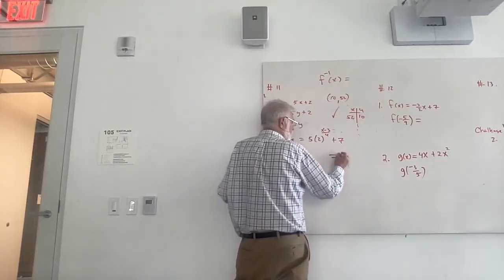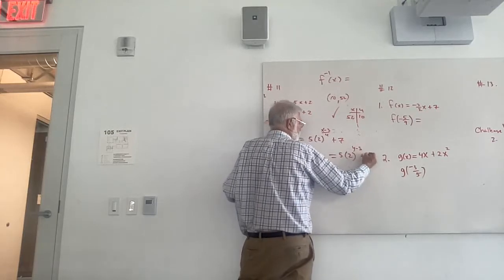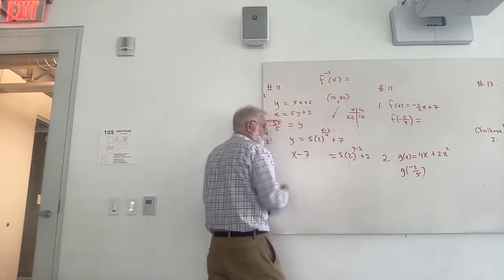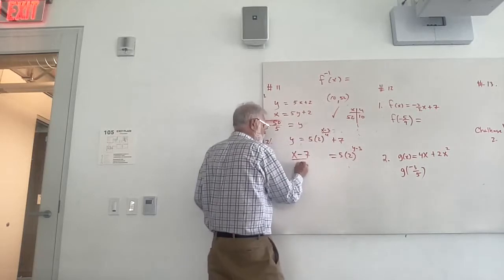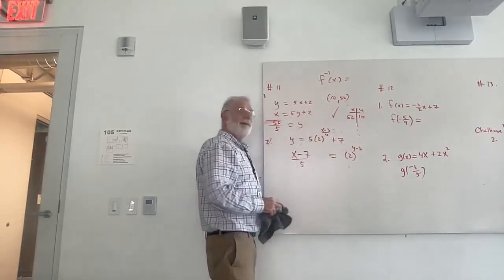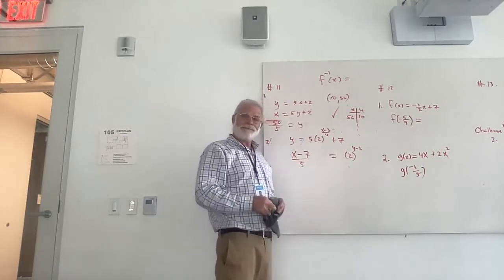So right now we're here: y minus 3 plus 7. First thing I'm going to do is move the 7. Gone. Going to divide by 5. Gone. And this is where you hit the wall. This is where you're probably hitting the wall. What's the inverse of that?